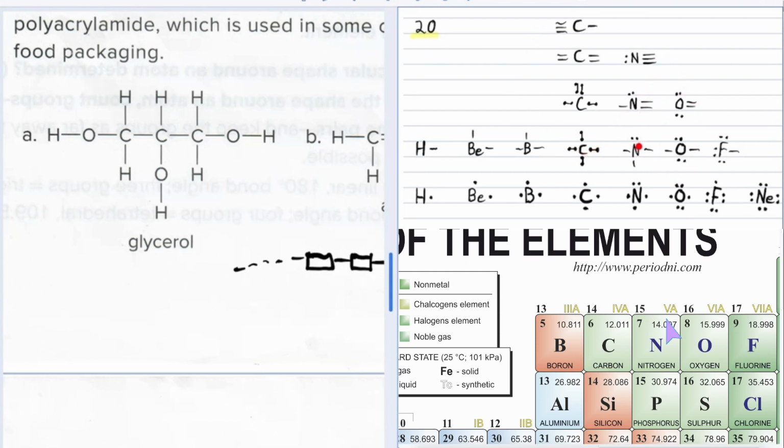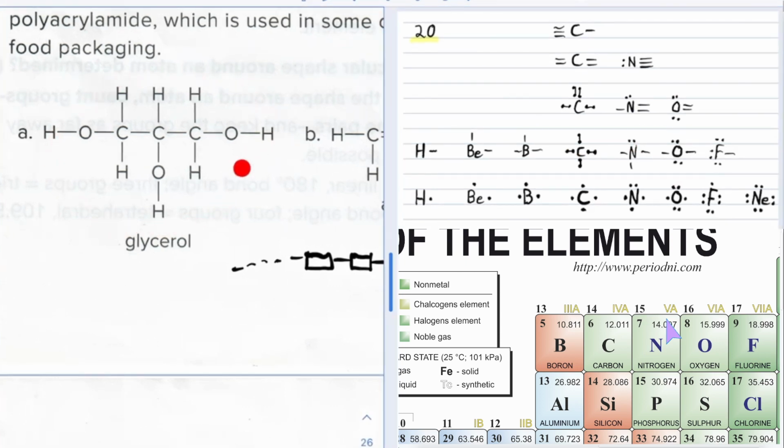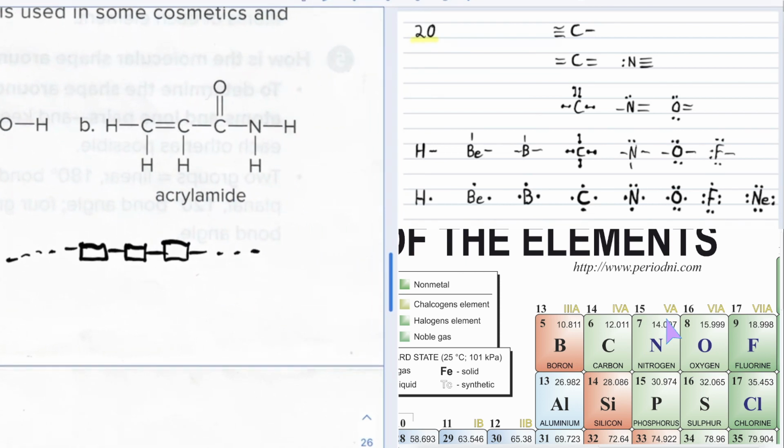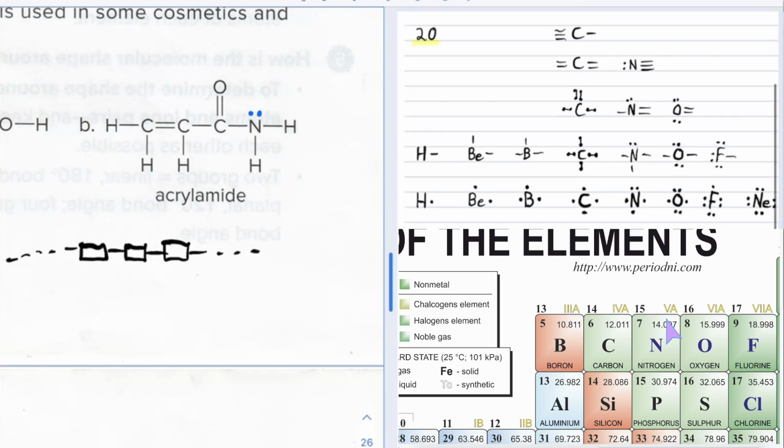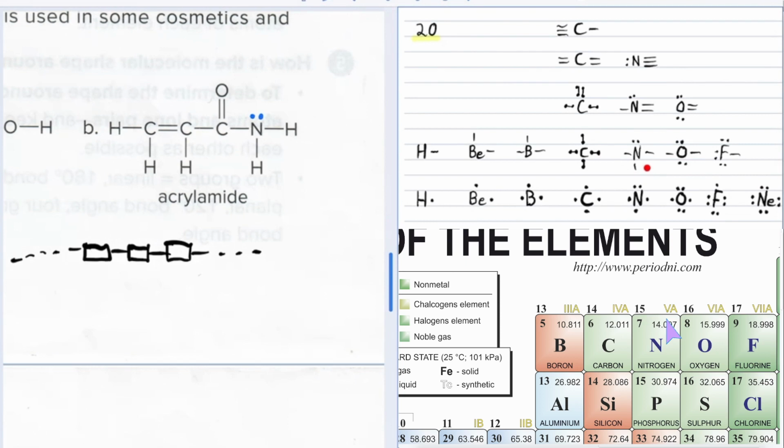Okay, so it looks like there are no nitrogens over here, so let's check the nitrogen over there. So nitrogen over there, we see 3 singles, and it's missing its lone pair. So let's put that lone pair in. Okay, putting the lone pair in makes the nitrogen look like this form.